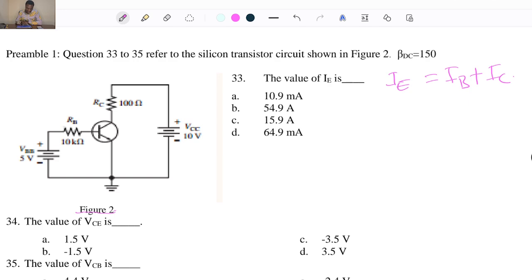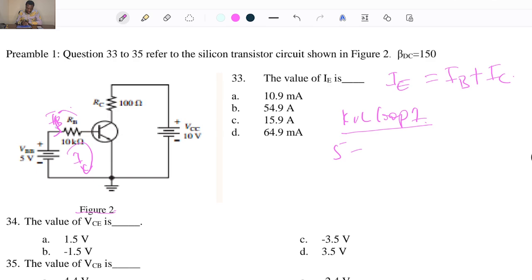So let's try and get these two parameters. To get the base current, which is here, IB, we come to this loop, we consider as loop 1. We apply Kirchhoff voltage law to loop 1. We can do it straightforward. Let's say we are moving clockwise. So I have 5 minus, here is going to be what?